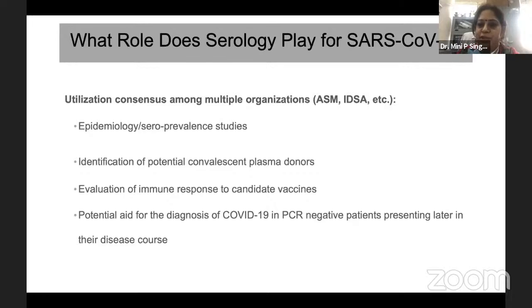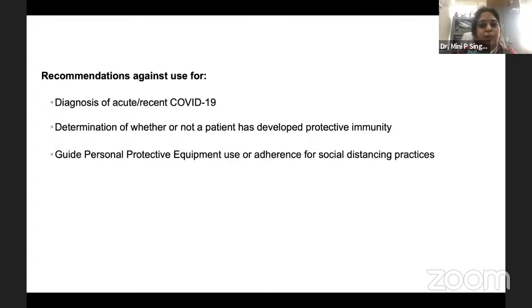It is only by using these serological tests that you know whether the vaccine that has been given will develop an immune response or not. And this last point is again an indication. We have seen many patients who say they have typical COVID symptoms, but the PCR results come out negative. So serology would be important in such patients at a later point of time, because antibody responses usually develop after 2 weeks. So it would be important for diagnosis of those patients.